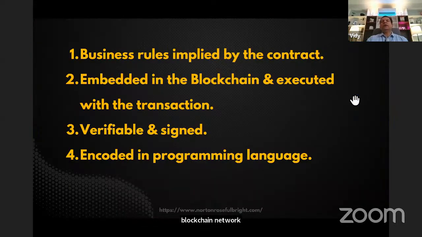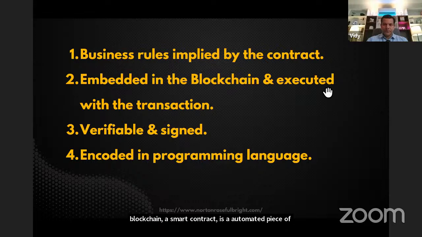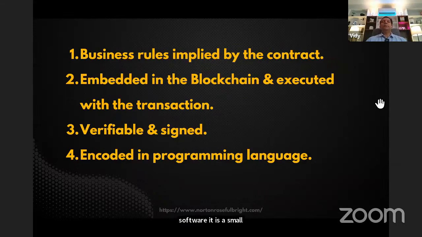To explain in simple words what a smart contract refers to in a blockchain: a smart contract is an automated piece of software. As the name suggests, it's a contract first of all.